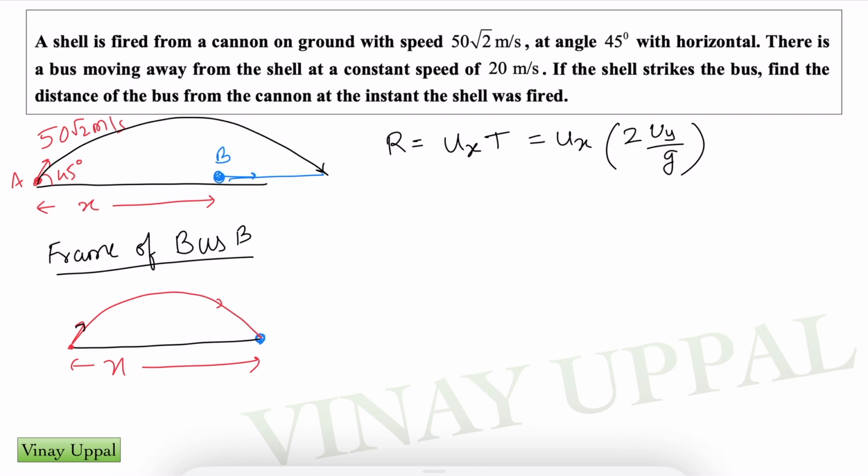Now all I need to do is figure out these components of velocity of the shell in the frame of the bus. That's it. Now this should be very simple. The bus is traveling with a speed of 20 meter per second.